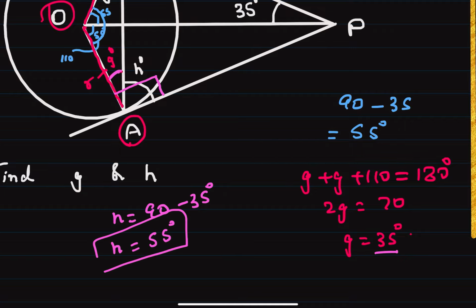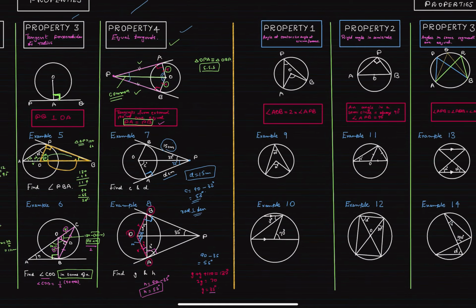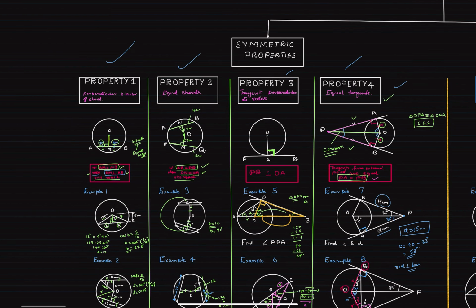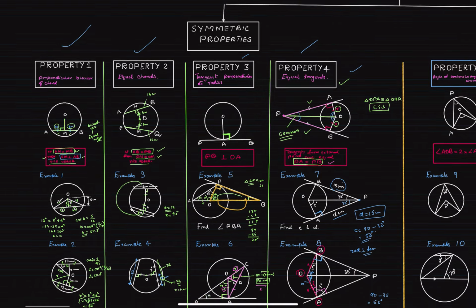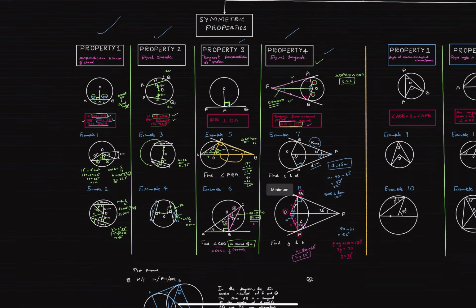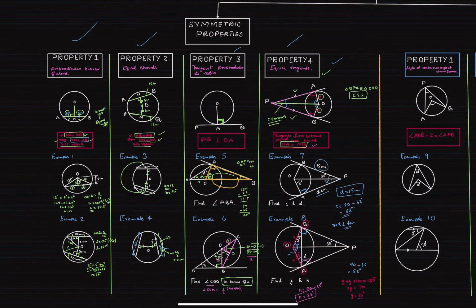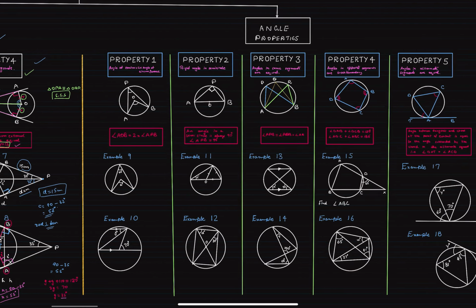So this is all about the four symmetric properties of circle. If you want to take a snapshot of this working, do take it. Because this video is a comprehensive video, it will be a longer one, and I suggest you have a glass of water and then start looking at this video again.